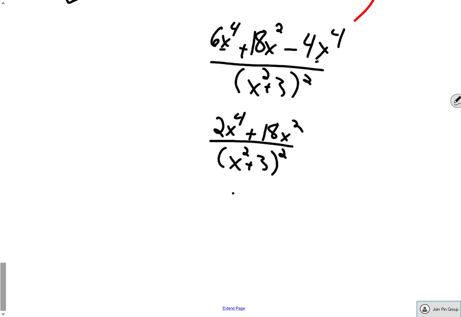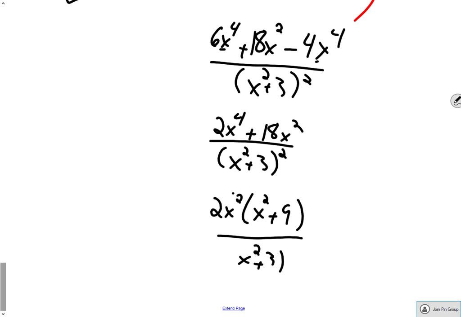Now the last thing I'm going to do, hopefully, is I'm going to take a 2x squared out of both things on top. Okay, so that's simplified.